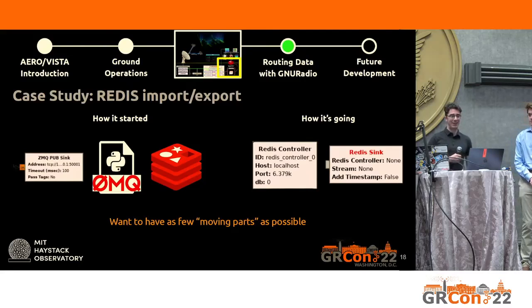It had a lot of moving parts. It was very cumbersome, hundreds of lines of code to deal with multiprocessing for different flow graphs, et cetera. But we realized we could just write a custom block to send the byte streams directly to Redis, which simplified things a lot.